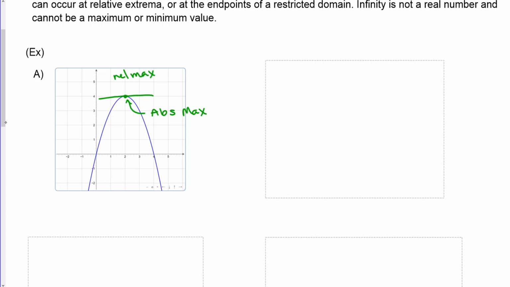So you just have to assume that if it doesn't have an open circle or closed circle stopping the graph, that it goes on to infinity. And in this case, this would go to negative infinity, which means there's no value that is the absolute minimum value. So it only has an absolute maximum.